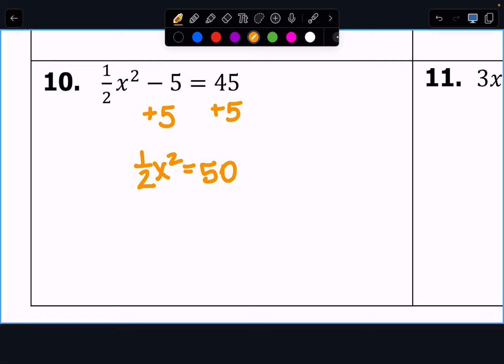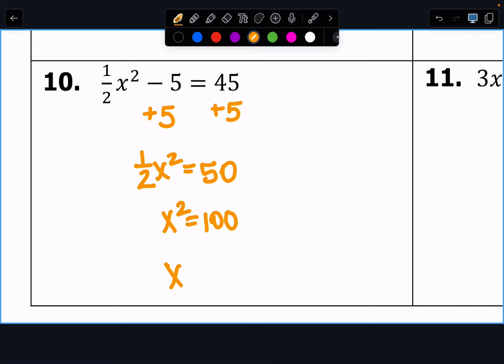So 1/2 x squared equals 50. So x squared equals 100.